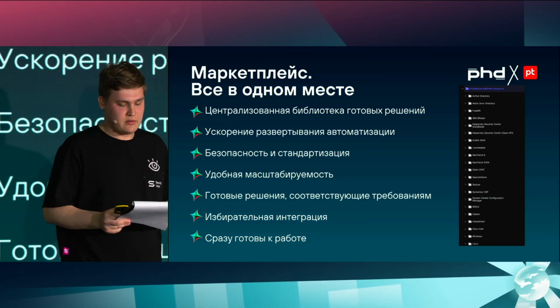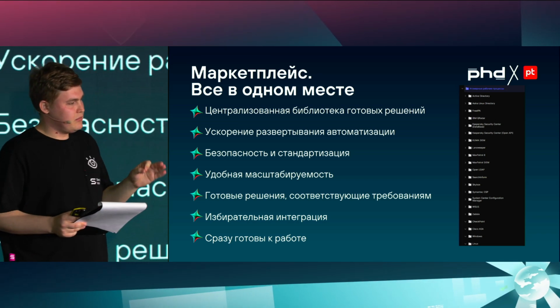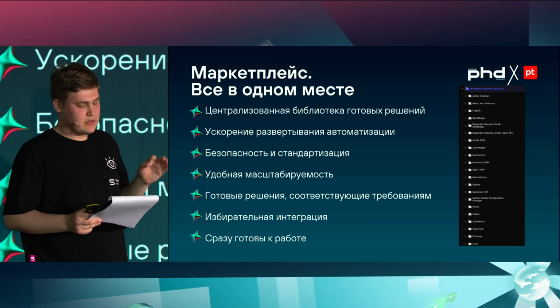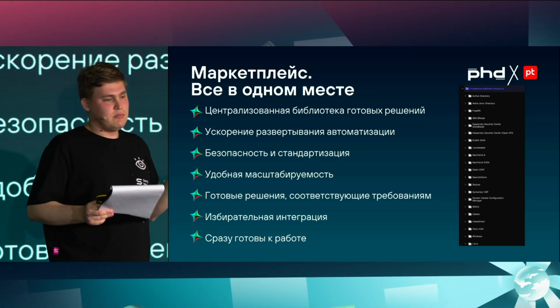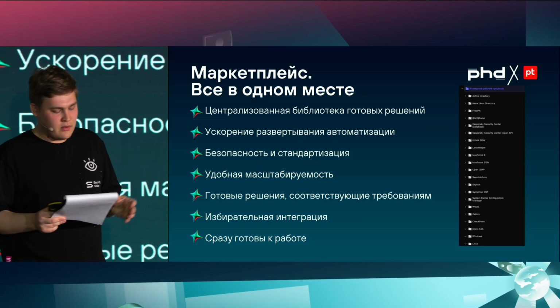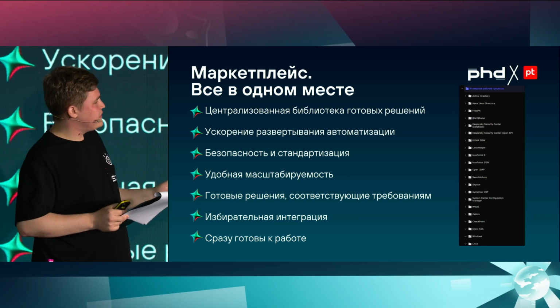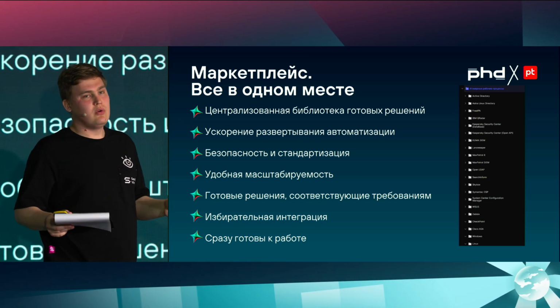So we can do pilots and implementations much sooner. And all playbooks and work processes are going to be standardized, they are going to be tested, and you can upload them, download them, and start using them right away.